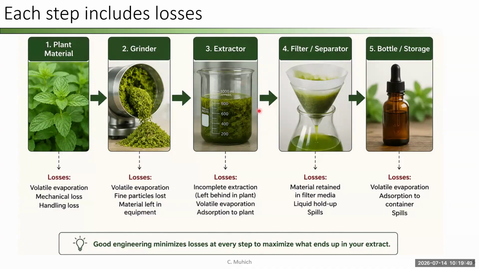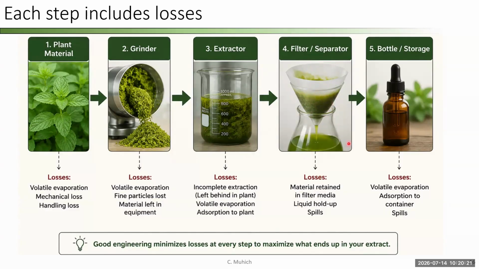And I'm going to have more vaporization. When I go to do the extraction, let's say I'm doing liquid-solid extraction, so I've got a solvent extraction. I'm going to have losses because there's material still left in the plant, and I have volatilization. Once I take this to filter it through, not all of the material is going to be filtered, right? Some may still remain in the plant matter.